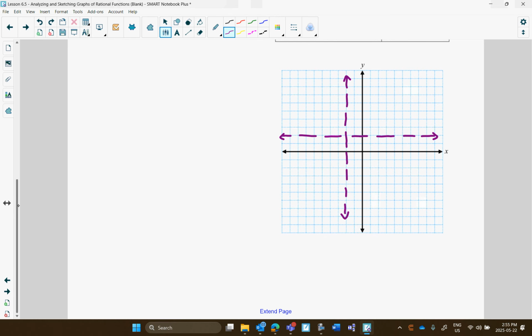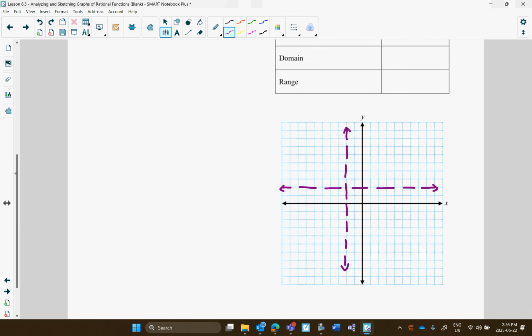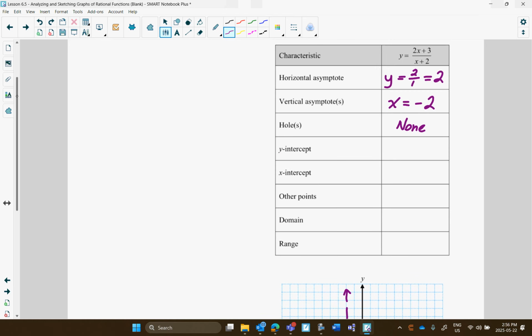So, what are some points we could get? Well, we could get the intercepts. So the y-intercept, well, how do I find the y-intercept? I make x equal to 0.